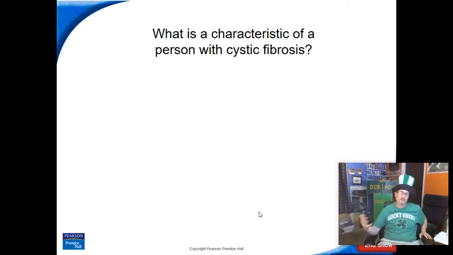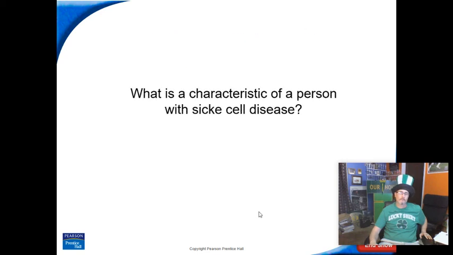That causes mucus to build up in breathing passages and the lungs. Characteristic of sickle cell. Oh, also with cystic fibrosis, it is a 3 base deletion that causes that CFTR protein to be misshapen.